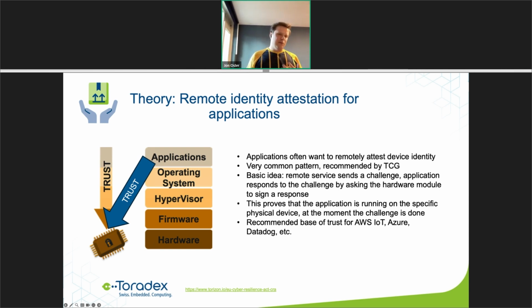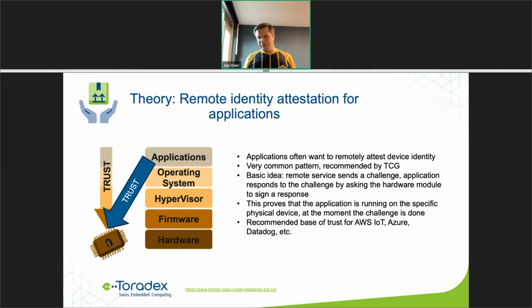So this is a really common use case. I didn't put a specific threat model and control section in here because it's effectively the same as the threat model for any authentication credentials scenario. But the idea here is that we want to be able to remotely and securely attest device identity.